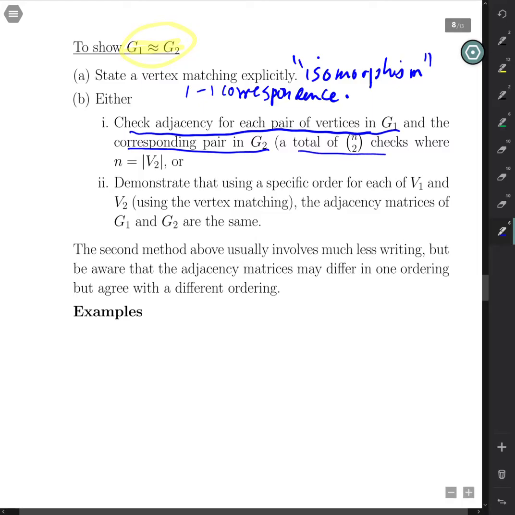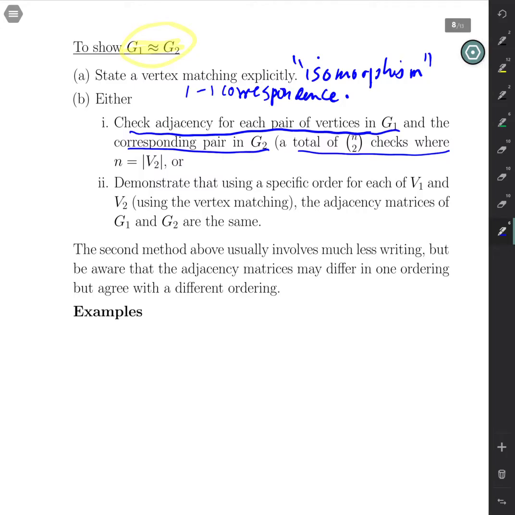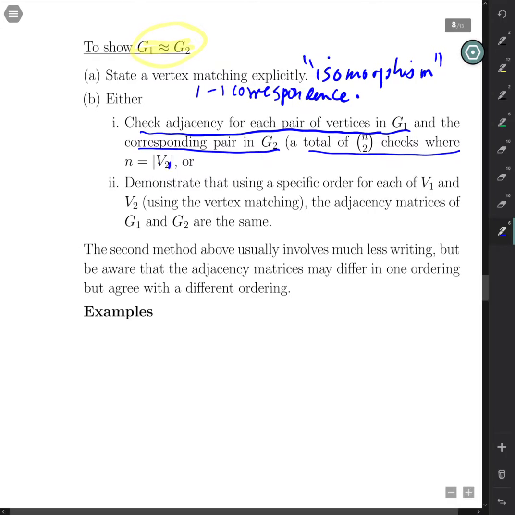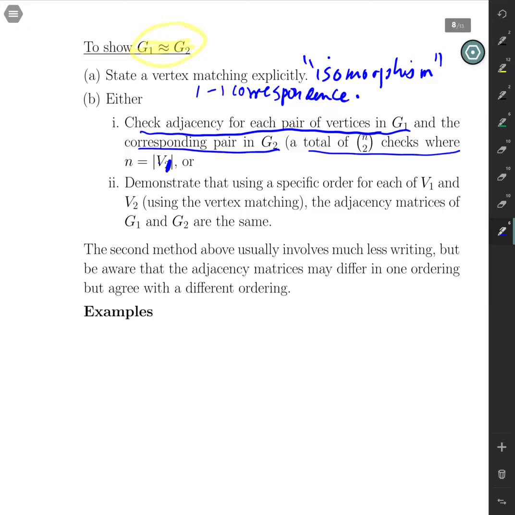So just going from V1, there'd be N choose 2 checks. This should be V1, but it would have to be the size of V2 if they're going to be isomorphic. That's kind of tedious, and it's not as clean to go through and write it all down. A lot more writing than the following way.